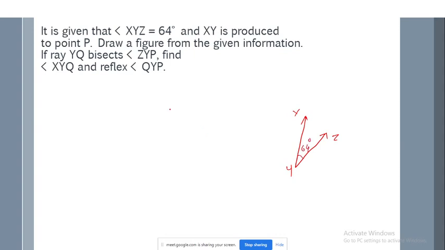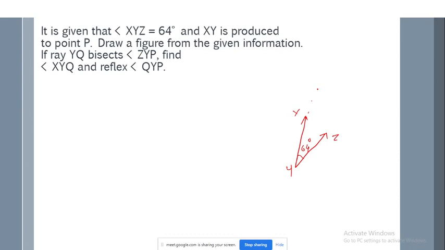Now, it is said that XY is produced to a point P, so we need to extend the ray XY. It cannot be extended like this, then it becomes YXP. So you need to extend ray XY to this side.